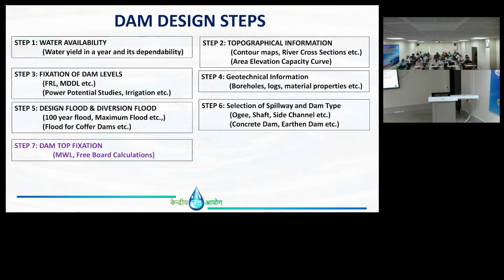Why do FRL and MWL come? Why does maximum water level come in a project? No. Any other answer? See, freeboard is above these levels, the water level. This is freeboard. This is also freeboard. This part also sometimes we can include in freeboard. But what is the major difference between FRL and MWL?